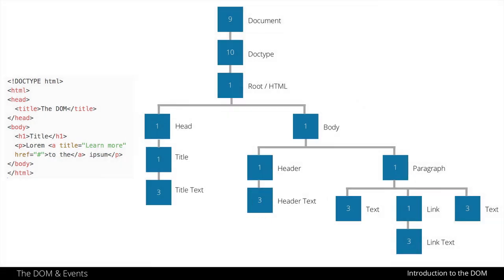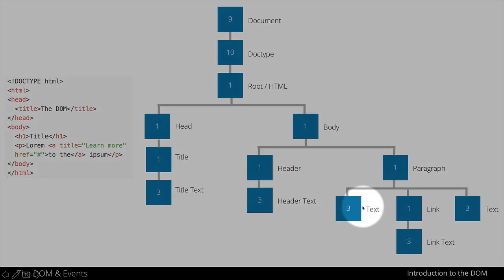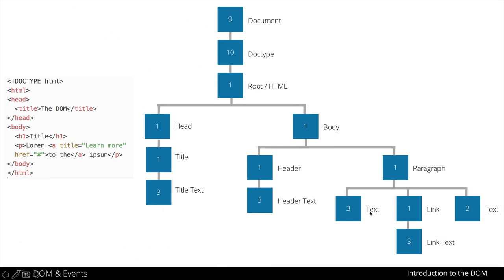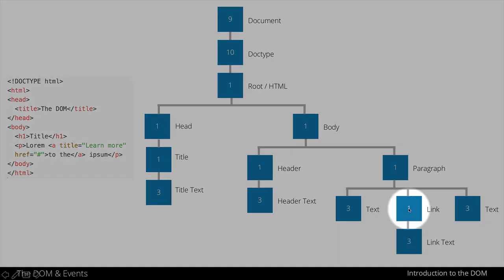Finally, we have here our paragraph with some text that appears before the link. You could see this lorem is going to be represented by this here. And then we have our link with the link text as a separate node. And finally, the text that appears after the link, this ipsum here.